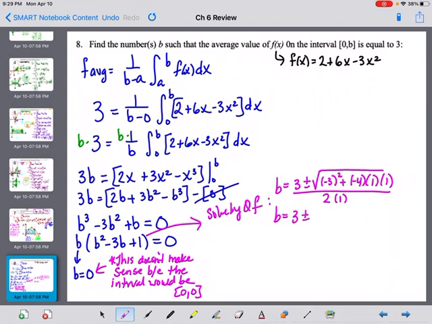Then we're going to simplify. Negative 3 squared is 9, plus negative 4 is the square root of 5 over 2. So 3 plus the square root of 5 over 2 and 3 minus the square root of 5 over 2.